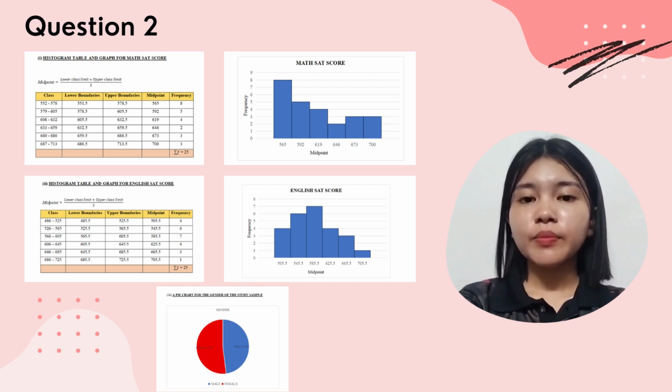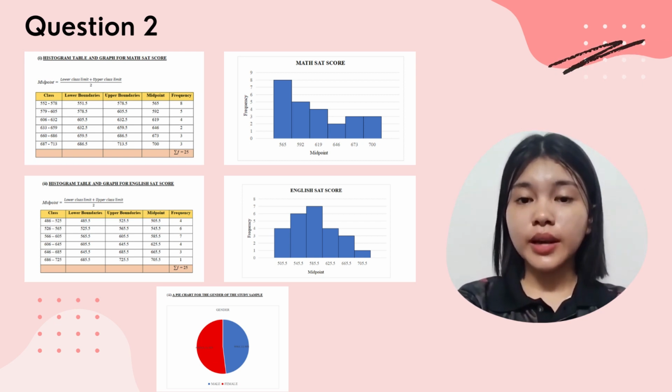To find the midpoint, it is the sum of the lower and upper limit of the class divided by 2. After determining the midpoint for maths and English, I developed the histogram for each score based on the midpoint.